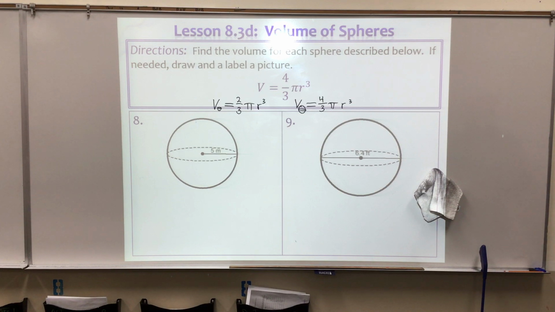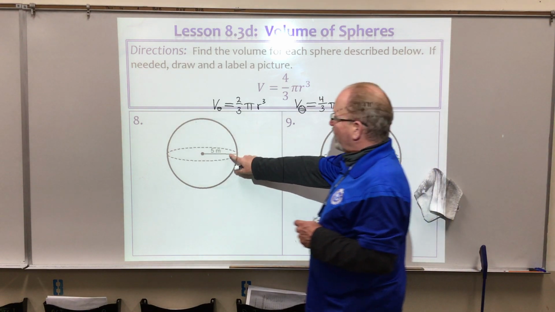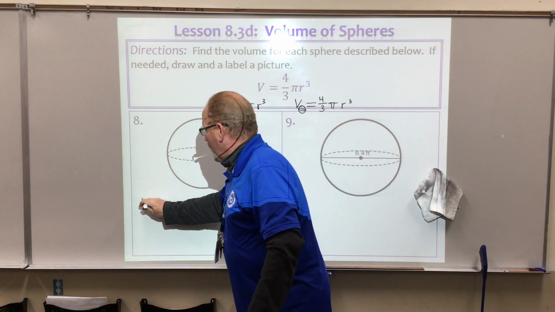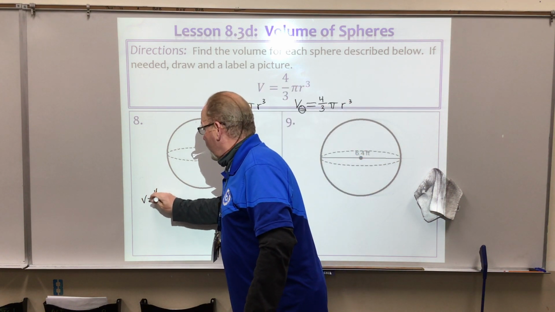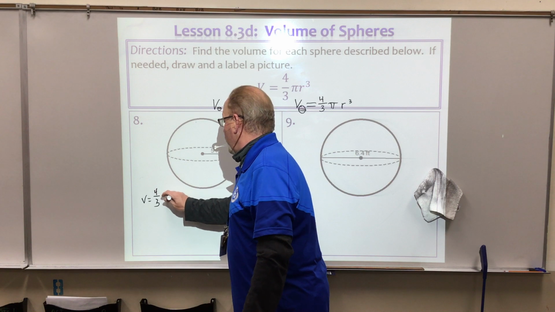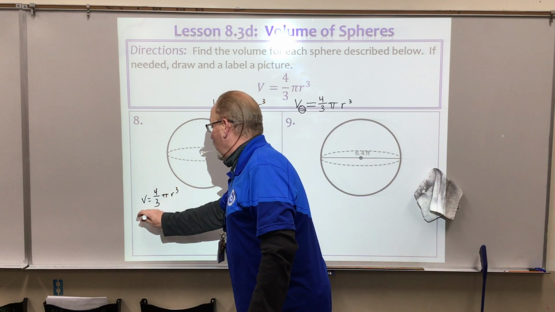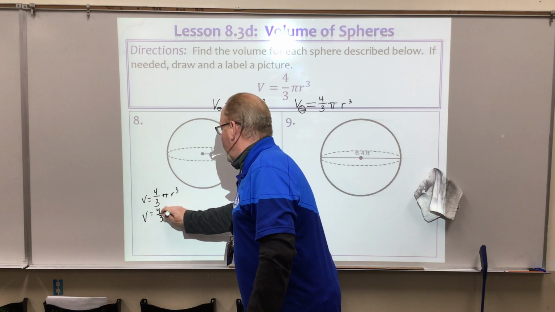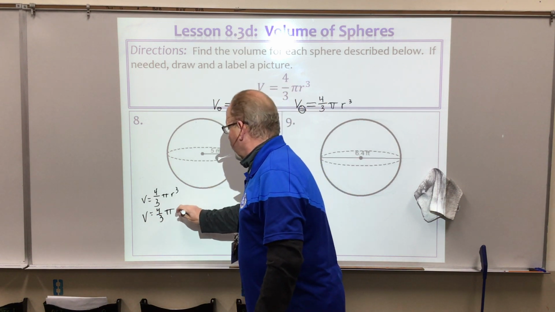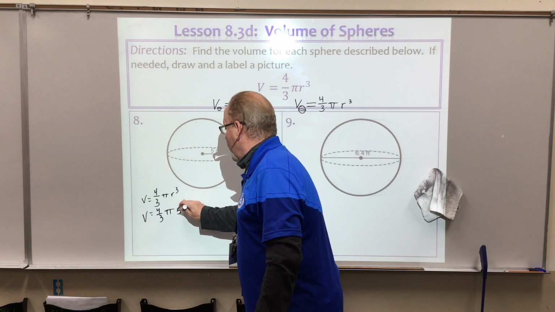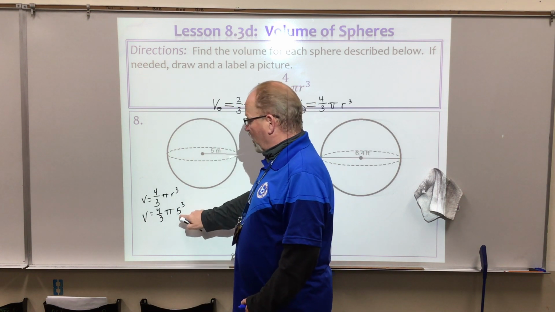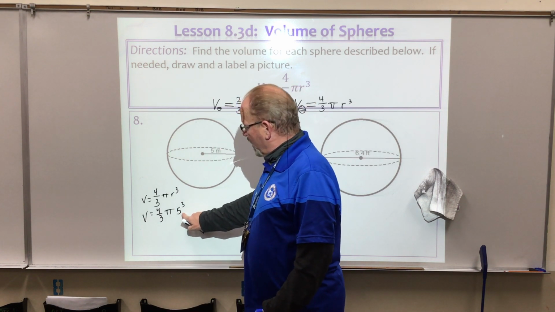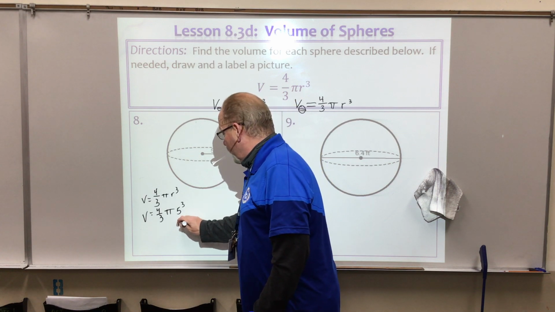Okay, so here is a complete sphere. Man, I'm writing my formula down until I have it memorized. 4/3 pi r to the third. So volume equals 4/3 times pi times r to the third. 5 to the third power. 5 times 5 is 25, times 5 is 125.